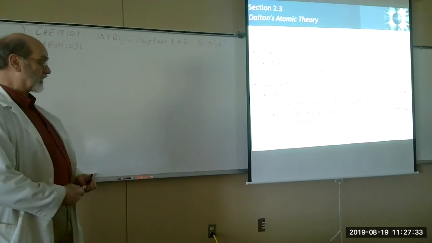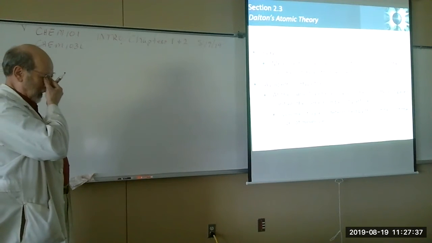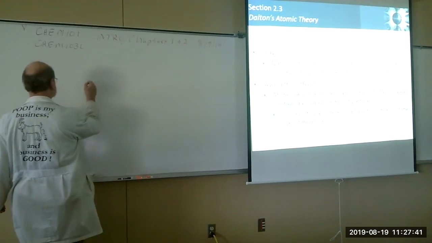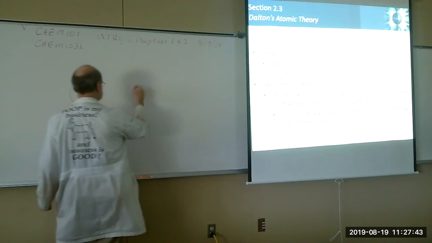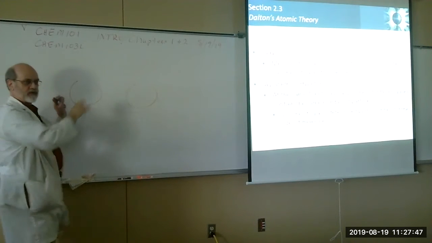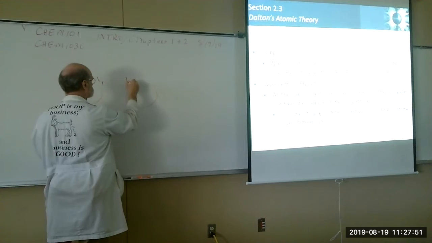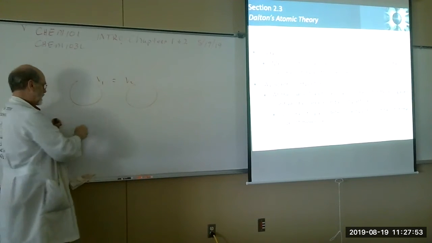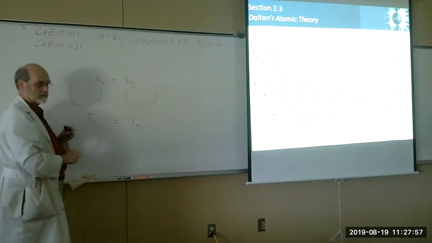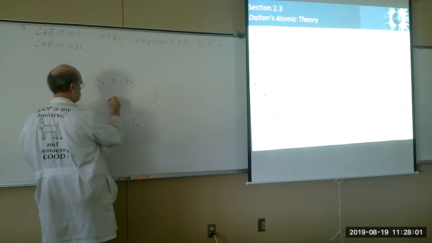What did Avogadro say? Well, this is the easiest way to explain it. Avogadro said that if you have, the easiest way is to work with gases, these are spheres, 2 spheres. They're exactly the same volume, right? Exactly the same temperature, and exactly the same pressure.